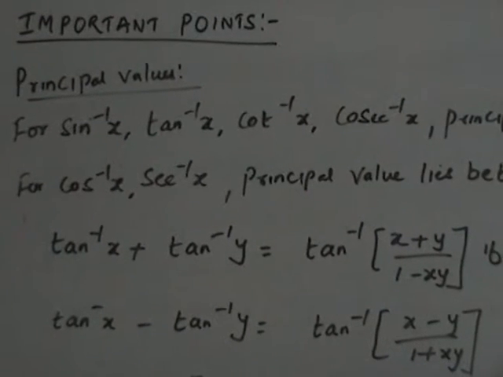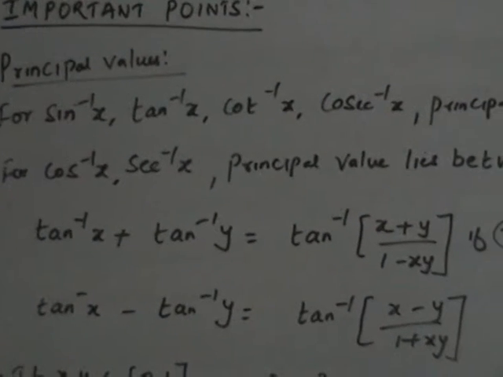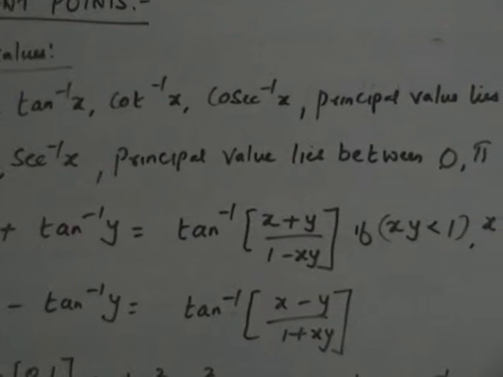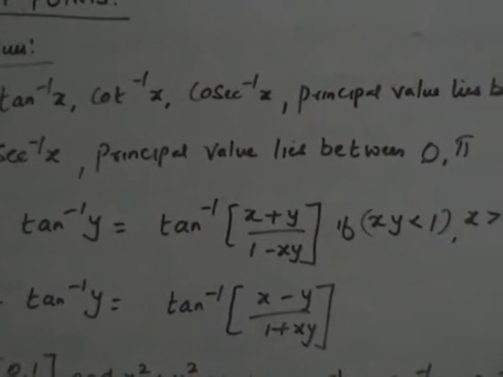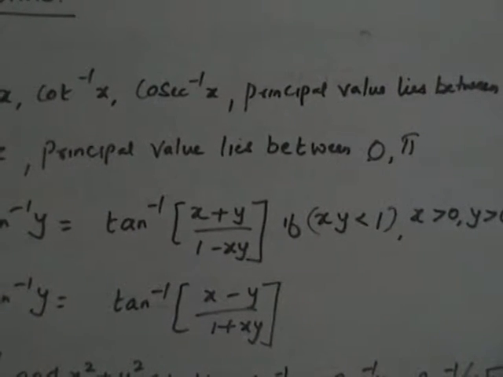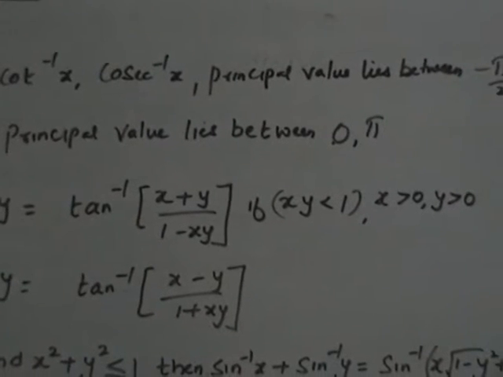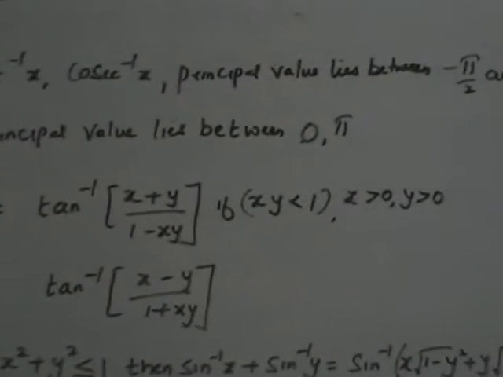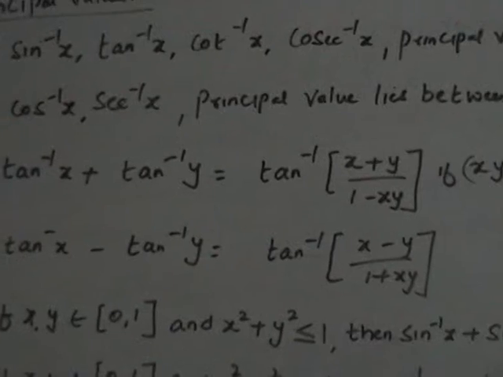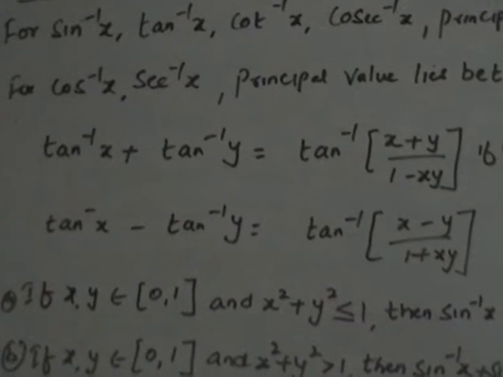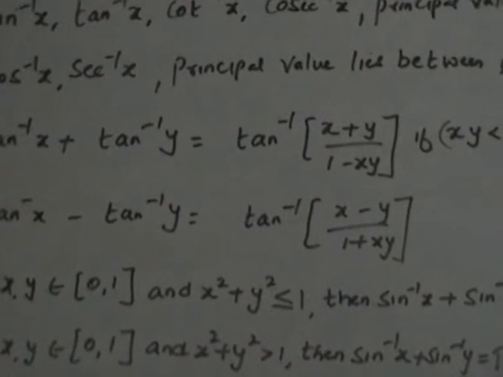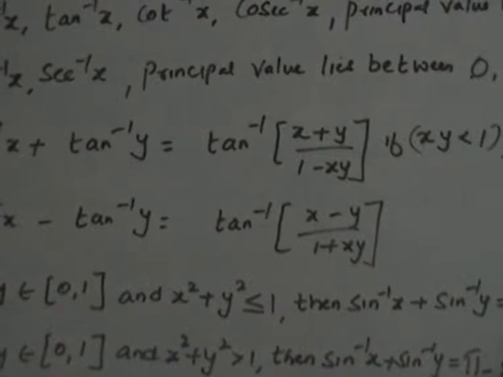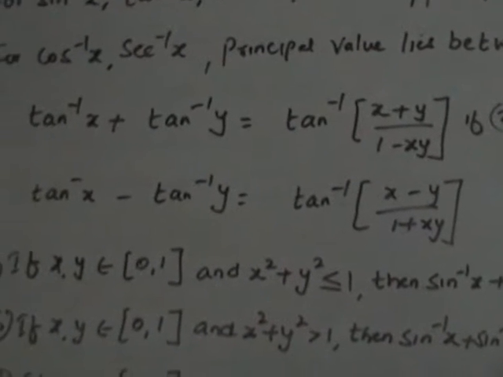And tan inverse x plus tan inverse y is equal to tan inverse of (x plus y) by (1 minus xy) if xy is less than 1 and x is greater than 0 and y is greater than 0. Similarly, tan inverse x minus tan inverse y is equal to tan inverse of (x minus y) by (1 plus xy).